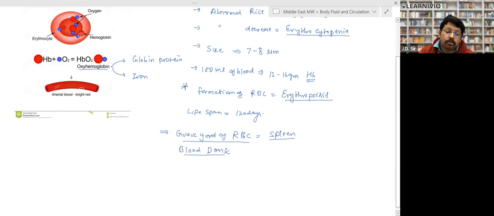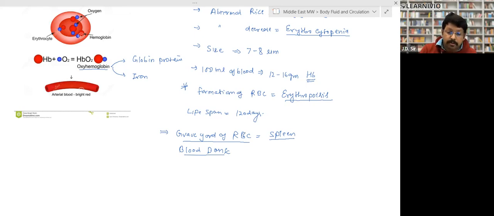Clear? Note it down. Spleen is called the graveyard of RBC because all the RBC reach the spleen after death.